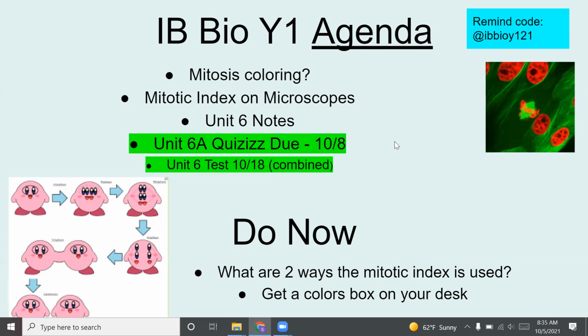Just pick a field of view, count the cells in that field of view, and calculate your mitotic index based on that. What I would like to do is get you on a microscope, get yourself focused, and then get a picture. Then you can use your picture to calculate. Your eyes will thank you if you are using a picture rather than looking in the microscope the whole time. So let's do that.